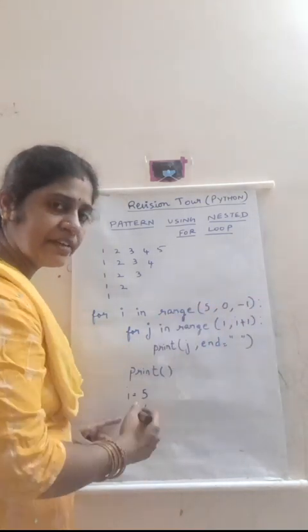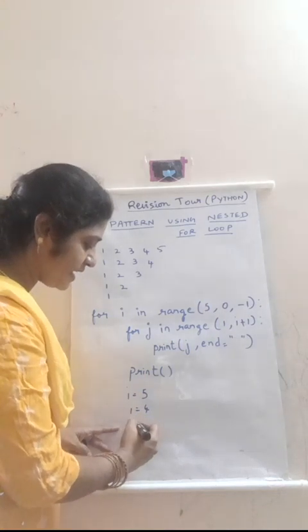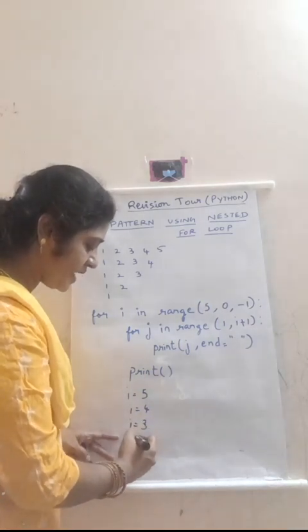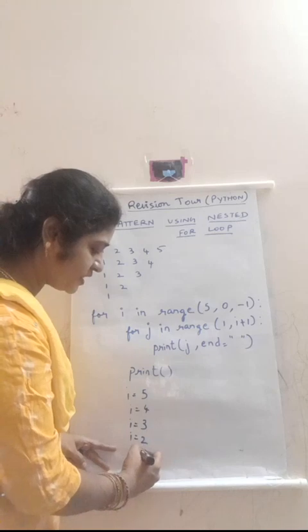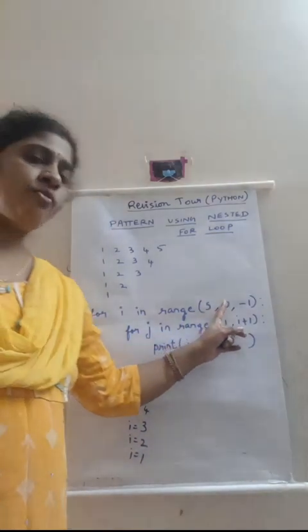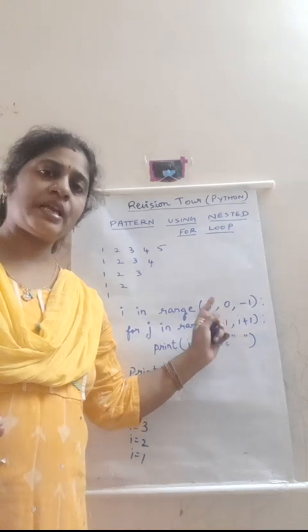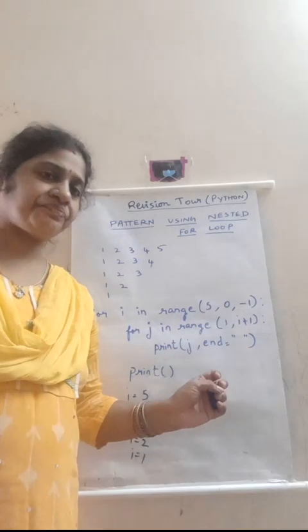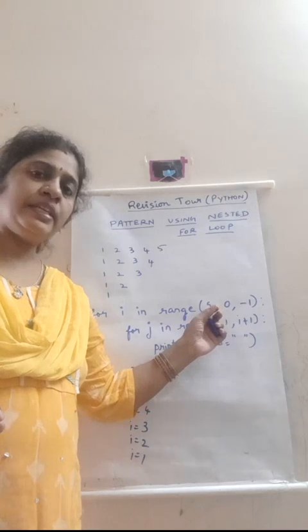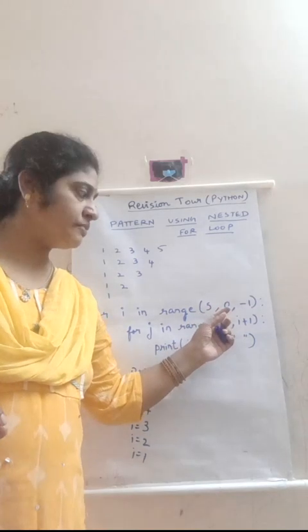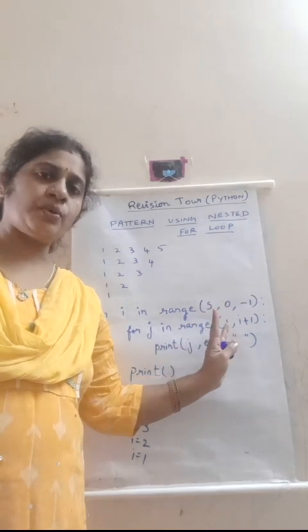Minus 1, it will deduct to 4, and next value it will be 3, next 2, and next 1. It won't consider 0. 0 minus 1 is minus 1. It will stop at 1 only.